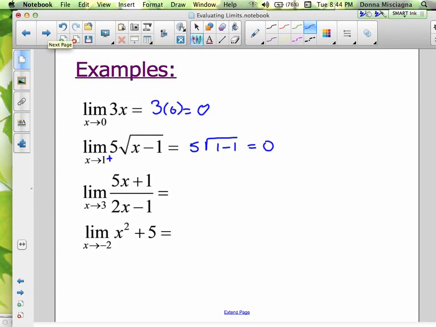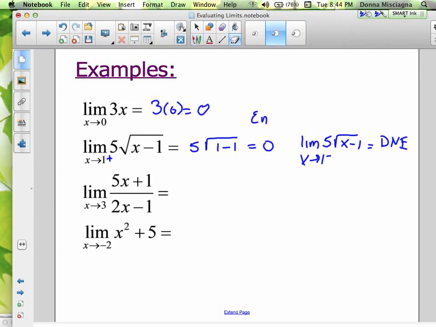And generally you'll see this question with the right-hand limit specified, because the limit of 5 times the square root of x minus 1 as x approaches 1 from the negative side does not exist, because this is an endpoint. So 1 is an endpoint, because that's the answer when we plug in 1.